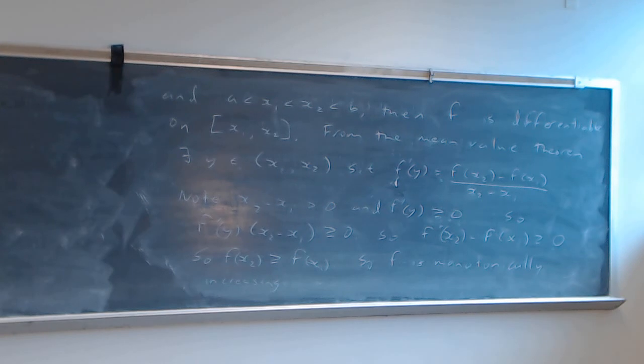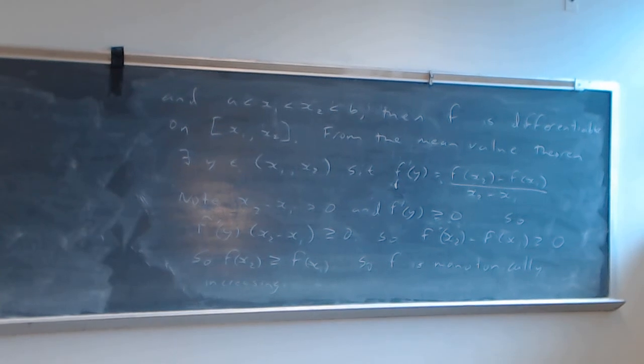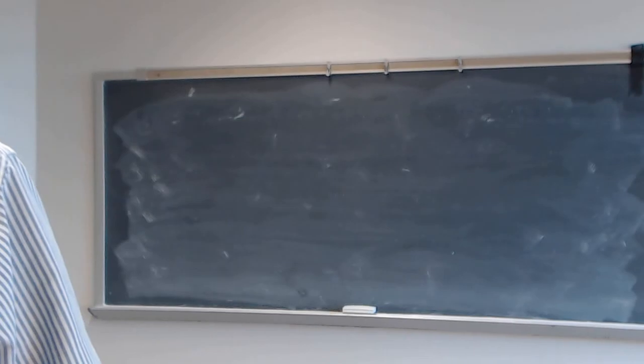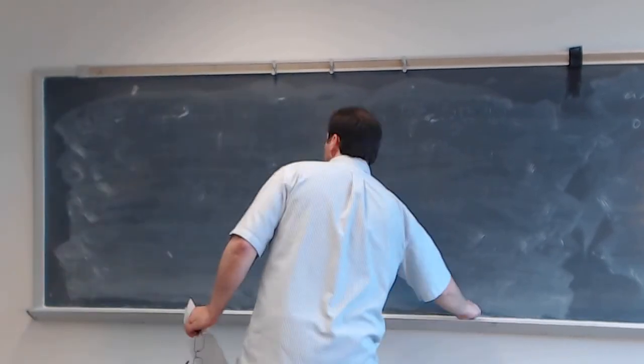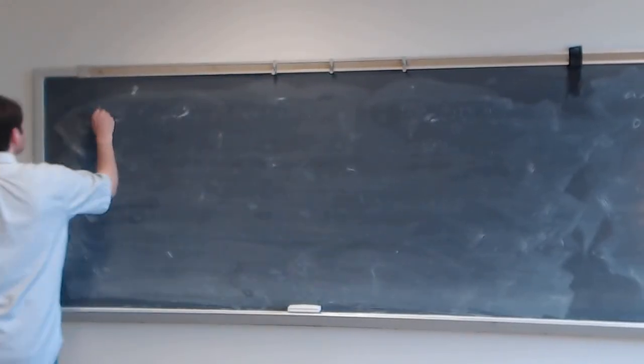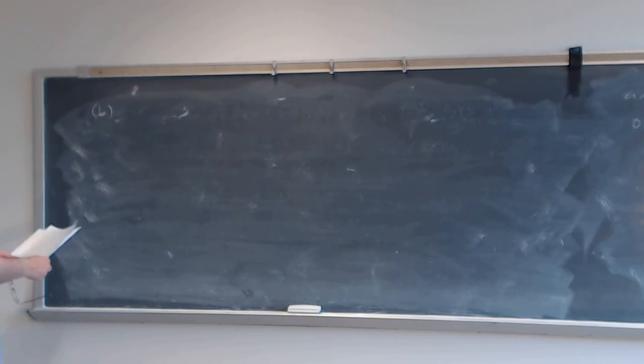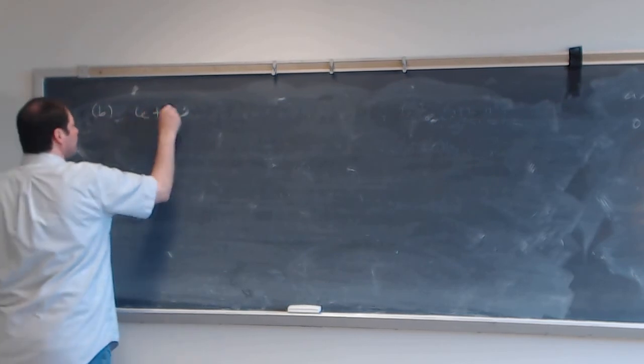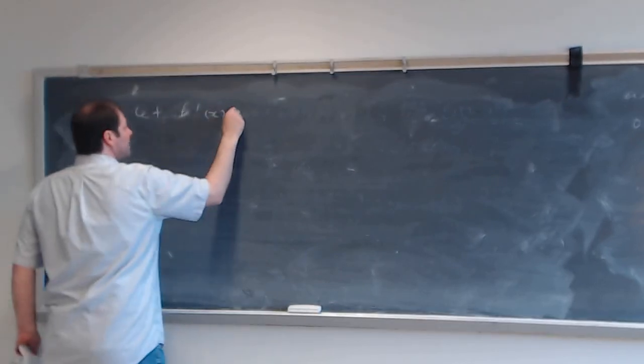Okay, part B. We're going to let f prime of x equal 0.